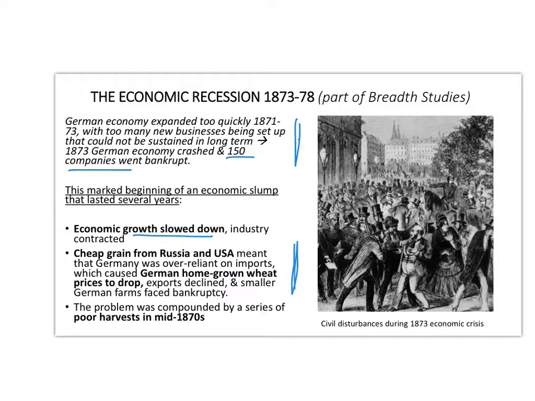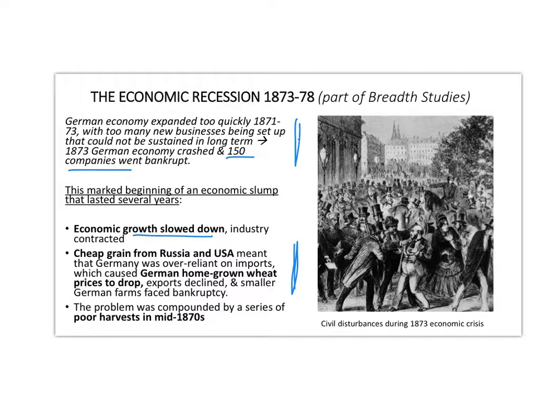In particular, one of the key things was this. Remember what I said a minute ago, that one of the features of the early 1870s with free trade is that merchants from other countries who wanted to sell their goods to the German people were able to bring their goods into Germany without having to pay heavy taxes at the German frontier.